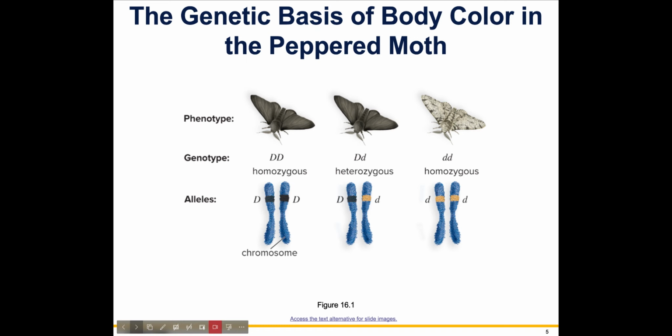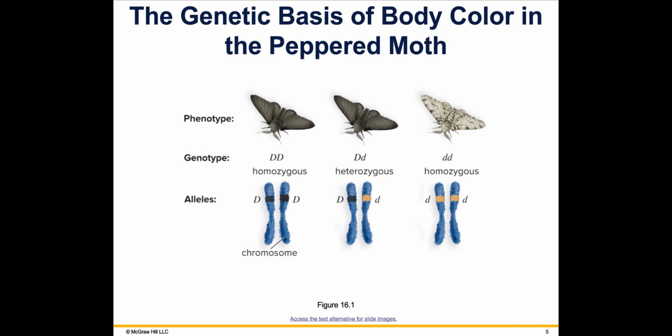And what we see is that if you have two dominant alleles, homozygous dominant, then you'll have that dark color. If you are heterozygous, one dominant allele, one recessive allele, you also show that dark color. And then if you are homozygous recessive, then you show that light speckled pattern.